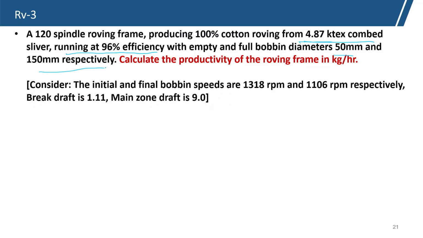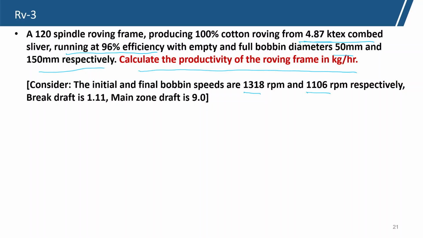The same data are being used here, and you have to calculate the productivity of the roving frame in kg per hour. So, this is the relationship. Earlier, in the previous numerical, we used almost the same data: 50 mm and 150 mm, and initial and final bobbin speeds of 1318 and 1106 respectively.